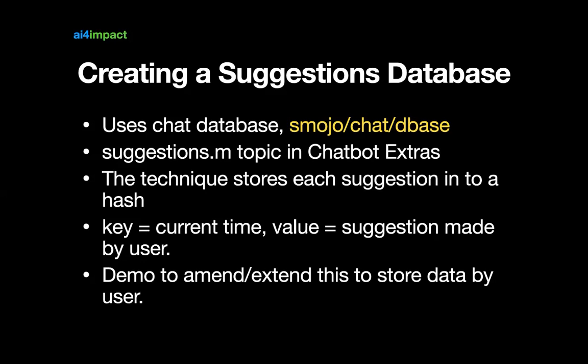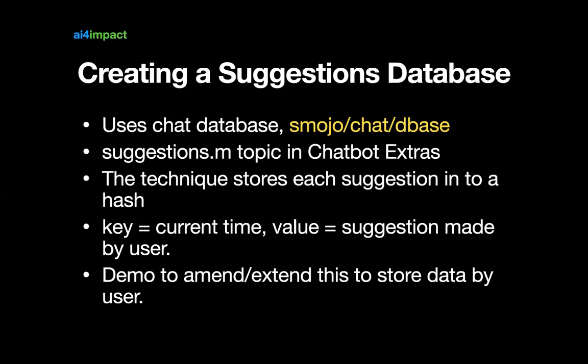The technique stores each suggestion into a hash. So you need to know what a hash is. A hash is a key value store, and ordinarily it would be stored just in memory. It's called a data structure. A hash is a data structure that stores a key and a value.